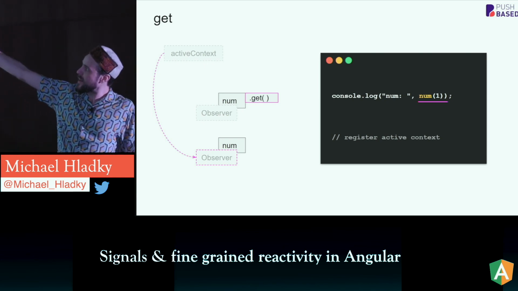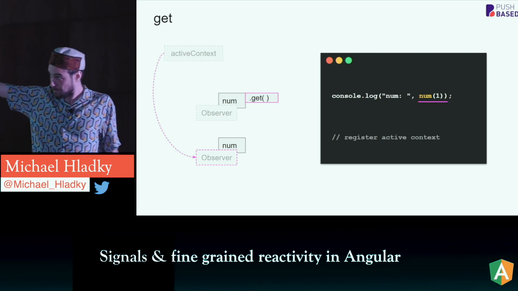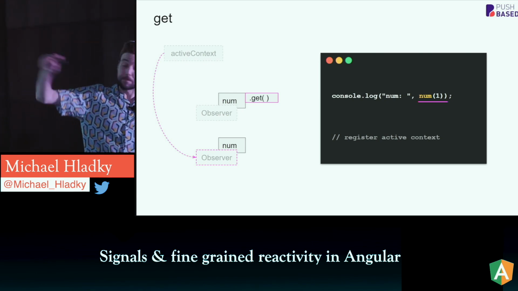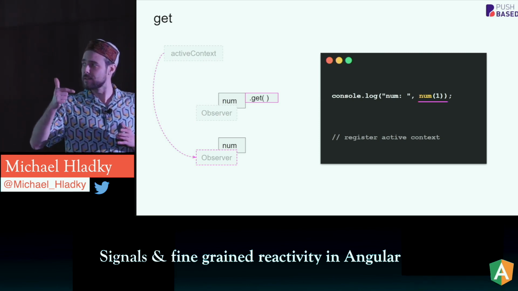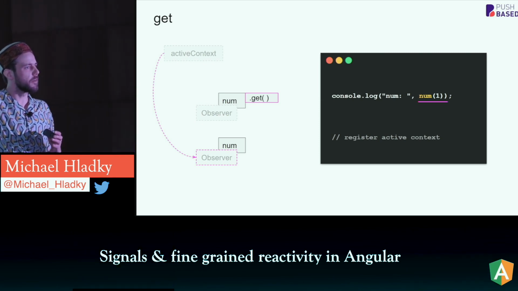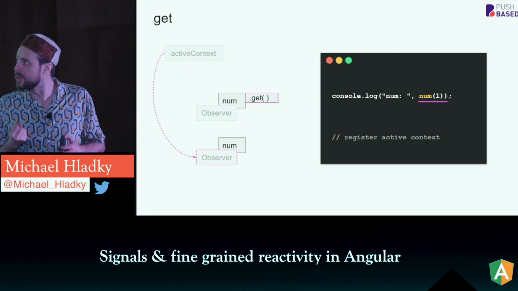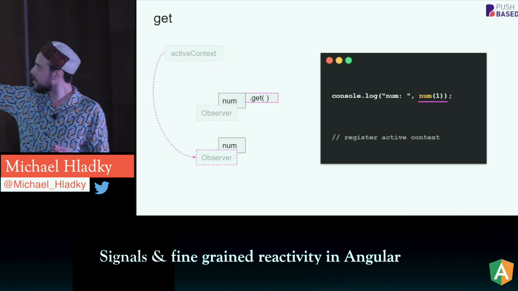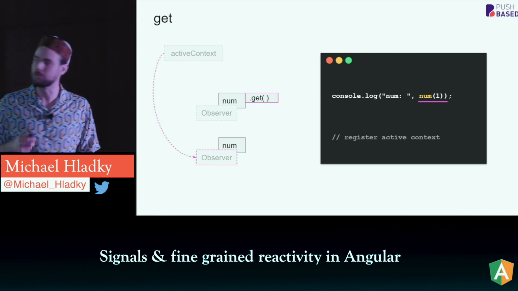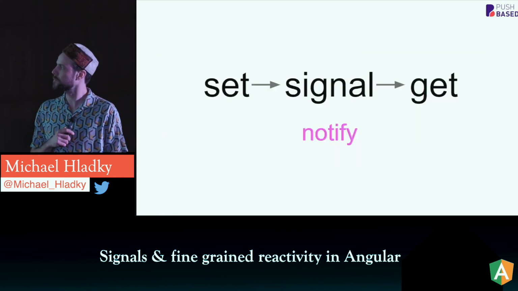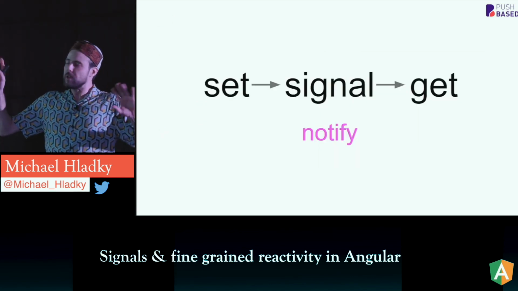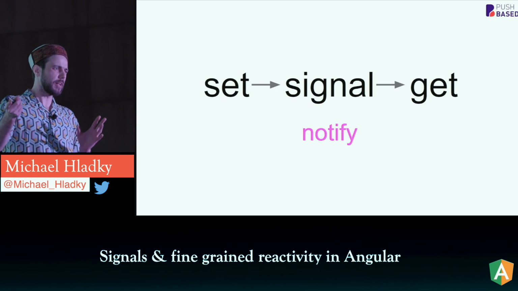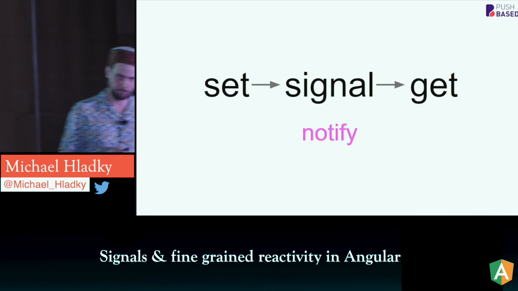And when I get the value out of my number signal, I, at the same time, go to this global variable and pull in the dependency of my signal. Here are no dependencies, but I will show you what dependencies look like. We learned a signal is a set-get method, but it is not only a set-get method, it is a set-get method that notifies its observers.